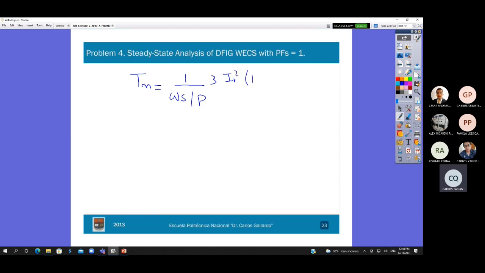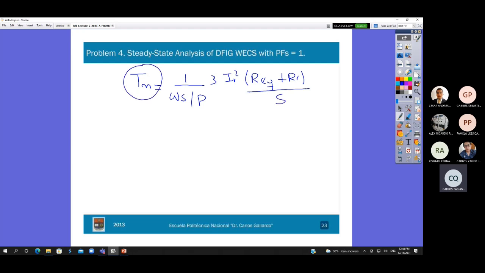This is the equivalent resistance plus the rotor resistance times 1 over the slip. This mechanical torque, the unit is Newton meter.